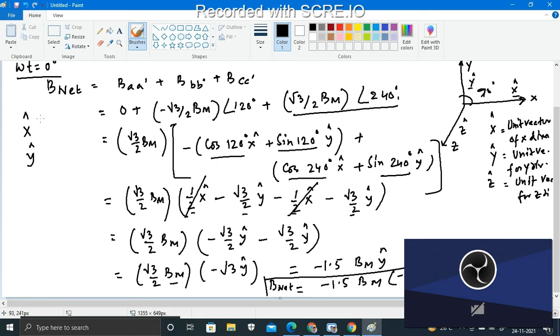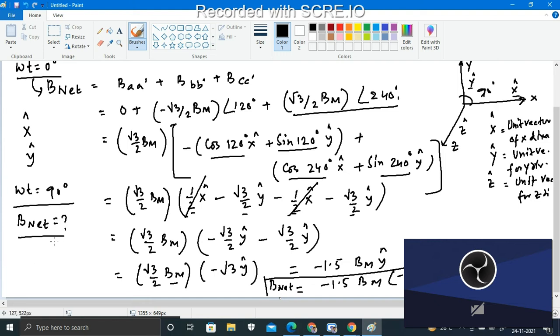From another example we can say that when omega t is equal to 90 degree, what will be my B net? For omega t equal to 0, we have this. When omega t is equal to 90 degree, what will be my B net?